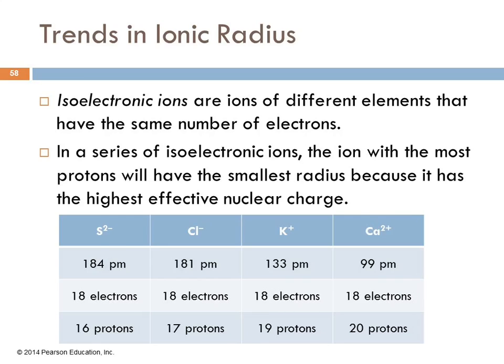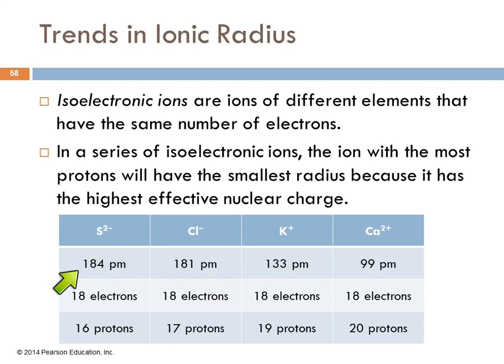Sulfur and chlorine are before argon. When they gain electrons, they get 8 electrons to become isoelectronic with argon. Potassium and calcium are past argon in the periodic table. They lose an electron or two to get 18 electrons. They're isoelectronic. They have the same number of electrons. The electrons are in the same arrangement because they always fill up in the same way.